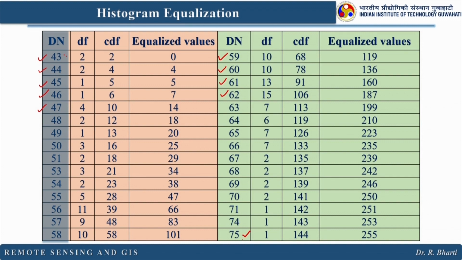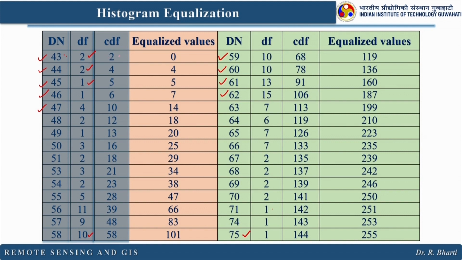Then we identify how many times 43 has occurred in that matrix, right. So, 43 occurred 2 times, 44 2, 45 1, and accordingly you can see these values. Then CDF is cumulative.